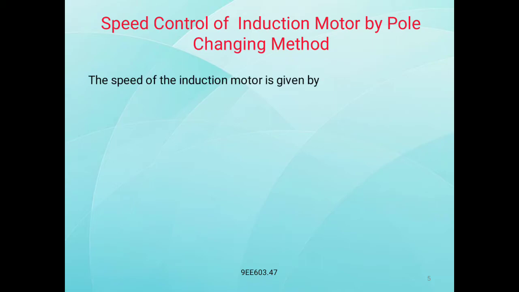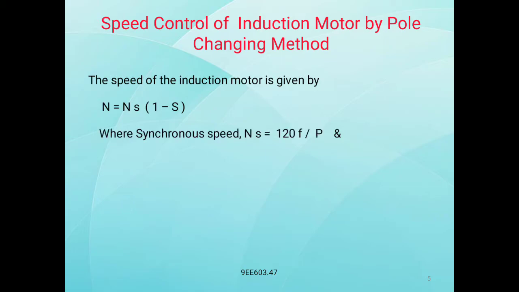The speed of the induction motor is given by N is equal to Ns into (1 minus S), where the synchronous speed Ns is equal to 120 F by P, and S is the slip, rotor copper losses Pc by rotor input P2.